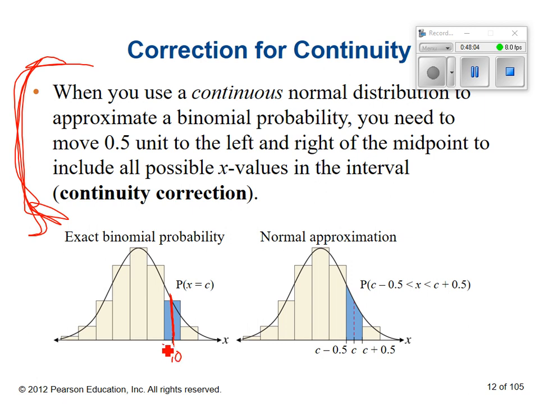We're going to go down to 9.5 and up to 10.5 to account for that bar. So that's all we're going to do. On our low limit, we're going to go down an extra half. On our high limit, we're going to go up an extra half.